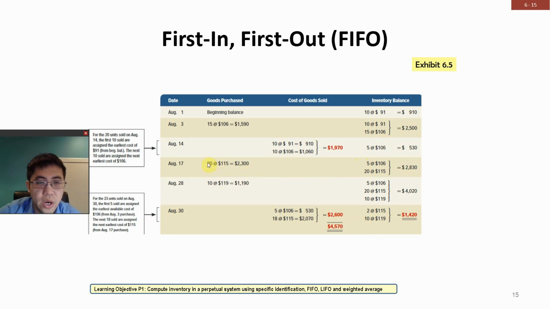units from this 20. Okay, so when you sell 23 over here, 5 actually come from this block of purchase of merchandise, and another 18 comes from this block. All right, and you don't use any merchandise from here because it's all gone. So you calculate the cost of goods sold, so that's how much you have. And then how much gets left for you in terms of inventory?